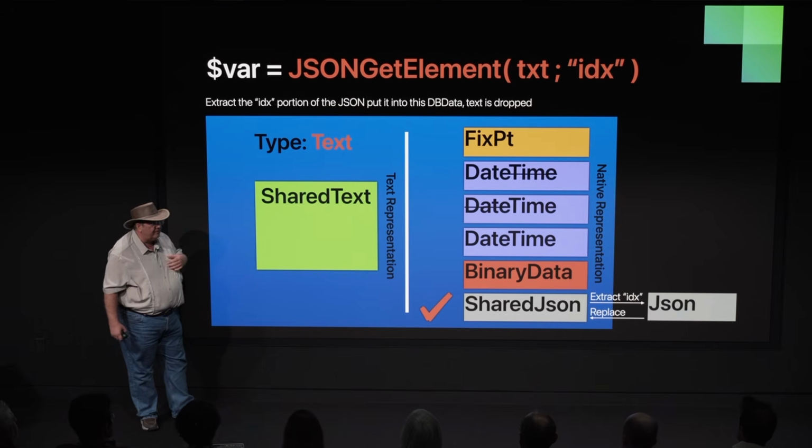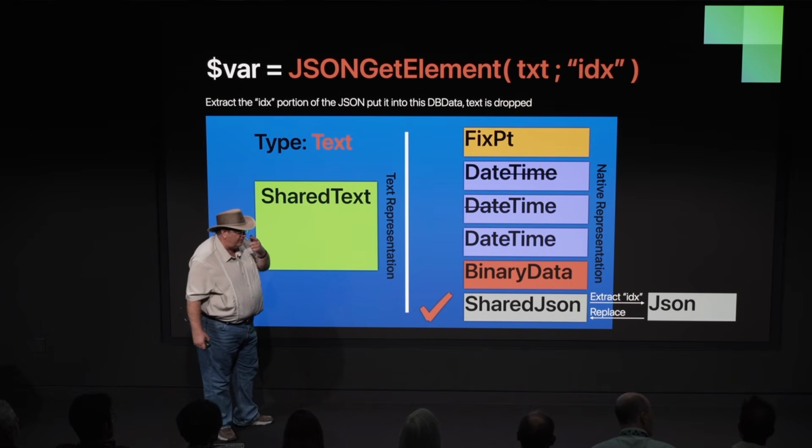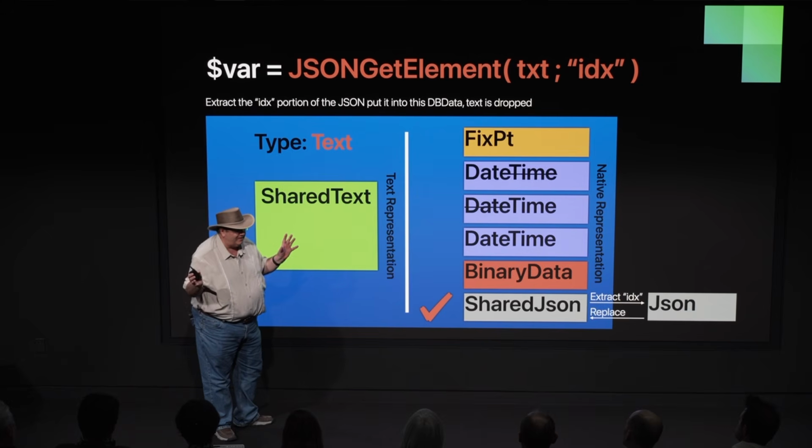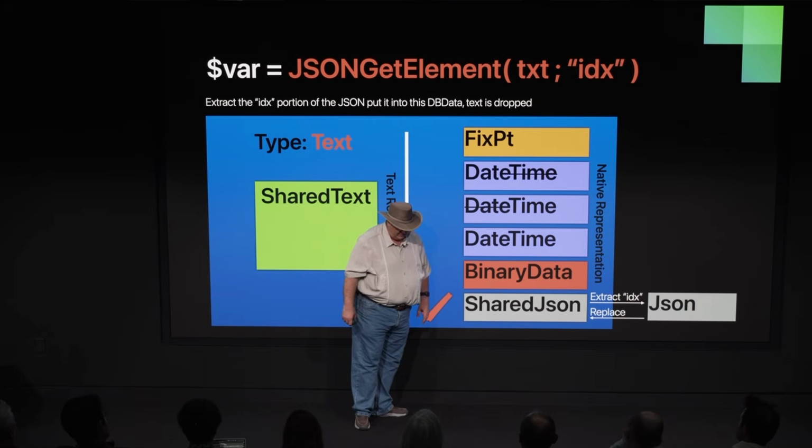Question? The way the JSON object is stored, is that internally indexed so you can get to a particular element without reading the whole thing? We're using a JSON library, an open source library, and it does all this work behind us. It depends which JSON library you're talking about, how it does the indexing and stuff like that. The current library we're using right now is basically using C++ style containers.